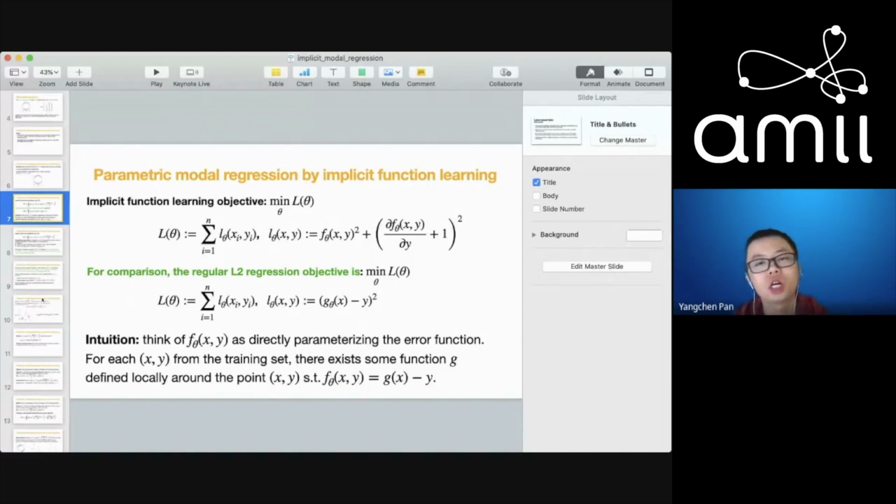So the answer is, in all of the existing literature I see, some people just visualize the predictions, and some people just assume their data set has a unique highest likelihood mode. So they might just use the same evaluation such as mean square error, or root mean square error. But in our case, we develop different ways.